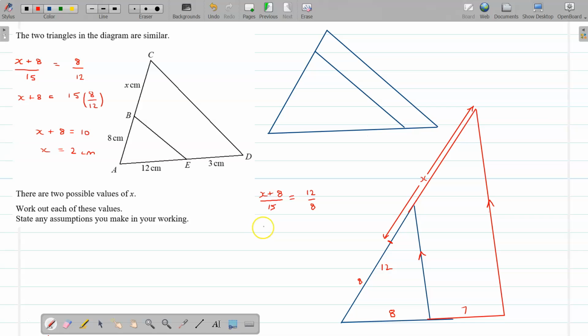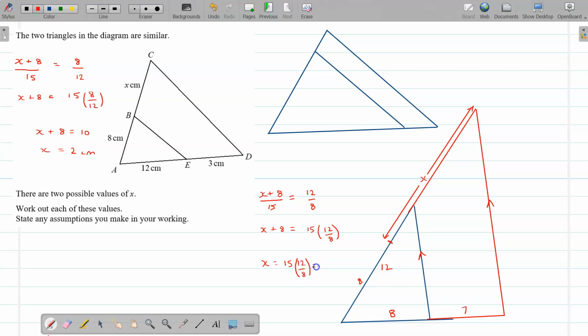So if I multiply that across, I get x plus 8 equals 15 times 12 over 8. Therefore if I work that out on the calculator, x equals 15 times 12 over 8, minus 8.